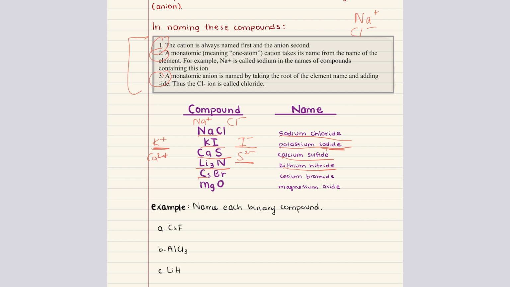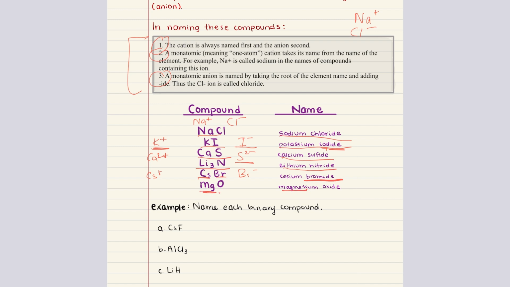Then we have CsBr. This is cesium bromide. Cesium forms a cation. It loses one electron to form Cs+. And bromine gains that electron to form Br-. We replace the ending with -ide, hence why we say bromide. And then finally, we have MgO.